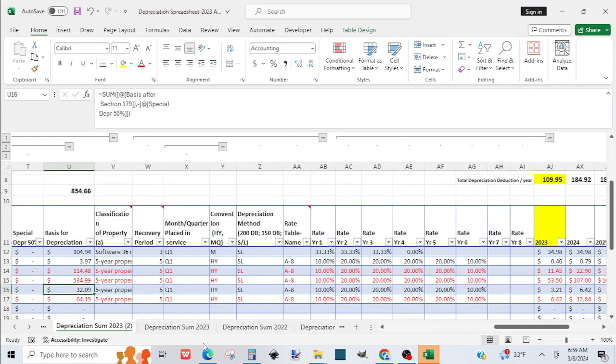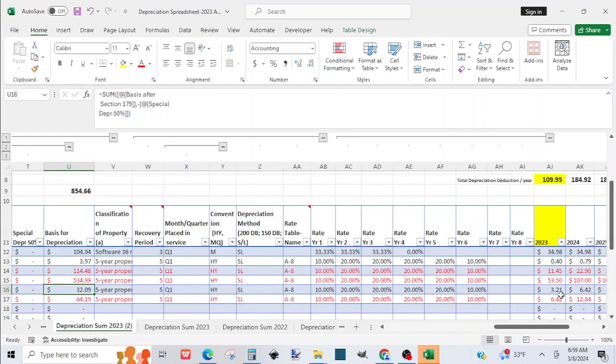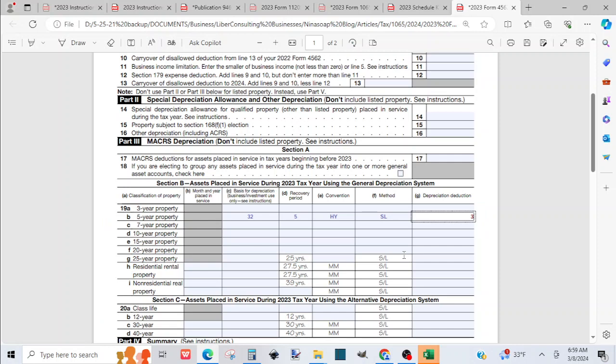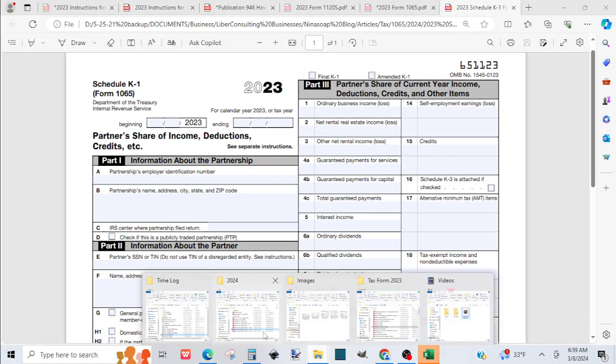Is 32, and the depreciation is 3. We will save it and we will close it. We will open another one.